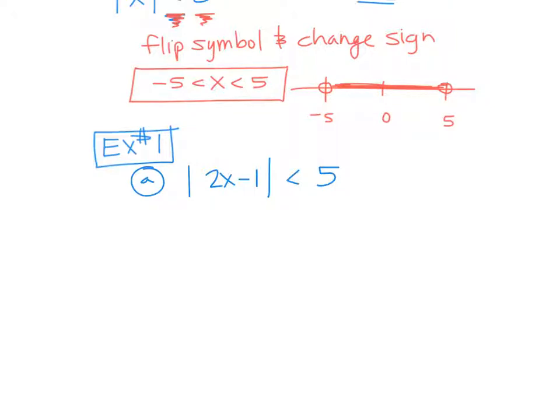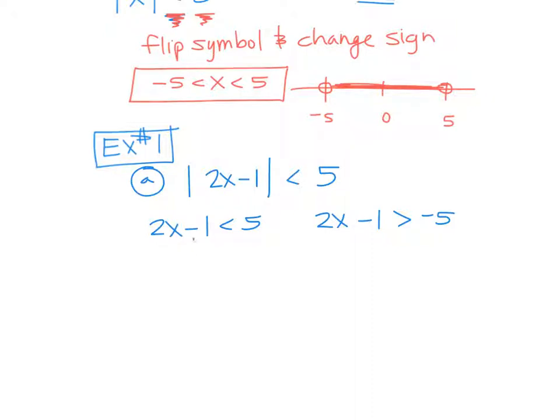So your first one is going to be 2x minus 1 is less than 5. What's your second inequality going to be? 2x minus 1 is greater than, right? Flip your symbol around and do what? Change the sign, so make it -5, okay?